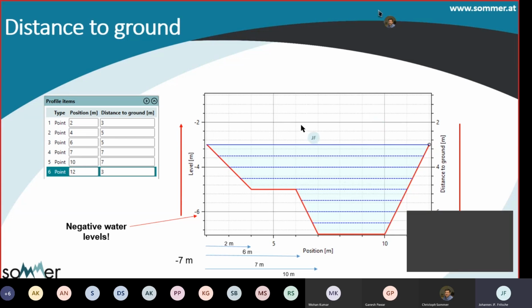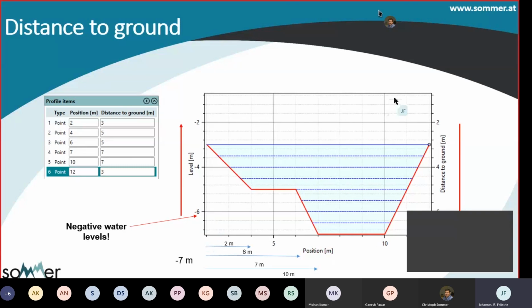And you can see also here on the right-hand side the Y scale of our measurements. So the 0 point would be at the bridge, and 3 meters would be down here, 4 meters would be down here. And you can see on the left side that the level measurement is in negative numbers. So here we see that the bottom of our channel would be at minus 7 meters.